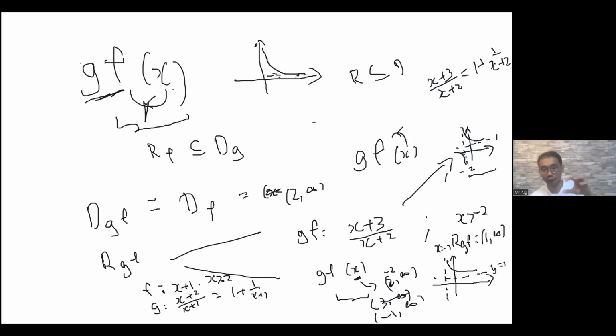So the first step, negative 2 to infinity goes through function f and becomes negative 1 to infinity. After that, negative 1 to infinity goes through function g, which is not that obvious, so you will need the graph. You pop it into the y, and the value you get is this. That's why the range of gf will be 1 to infinity as well.